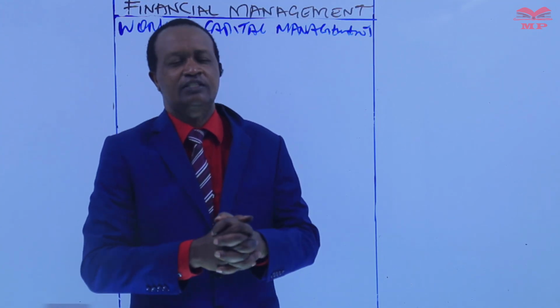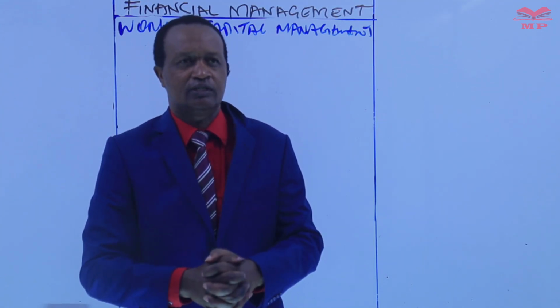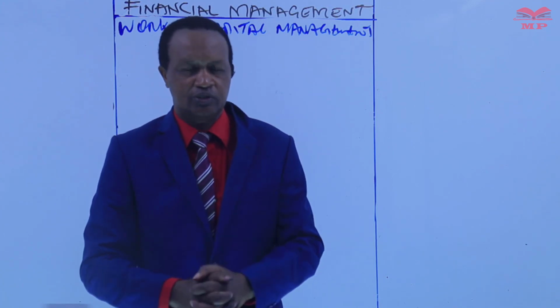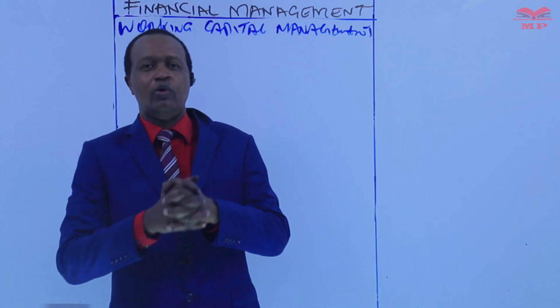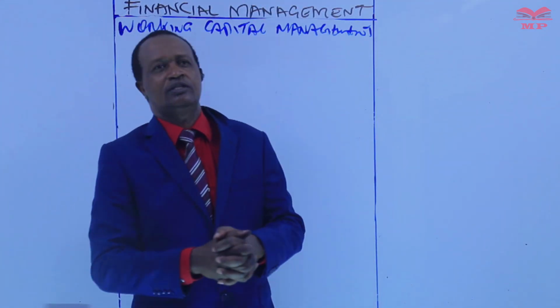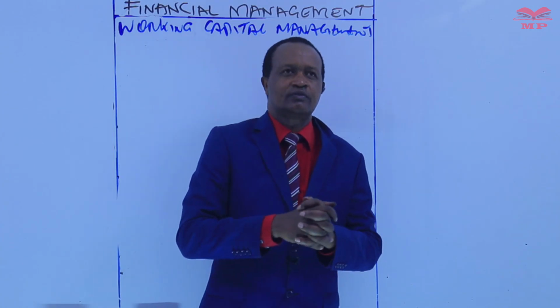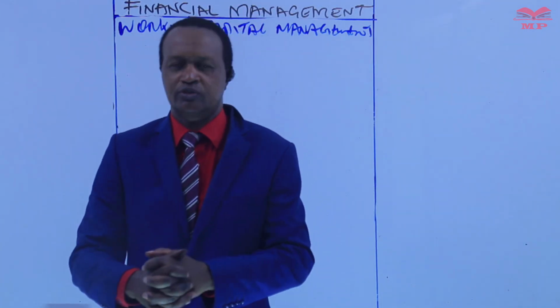One is financing decision. Number 2 is capital budgeting decision. Number 3, working capital management decisions. There is dividend policy decisions.